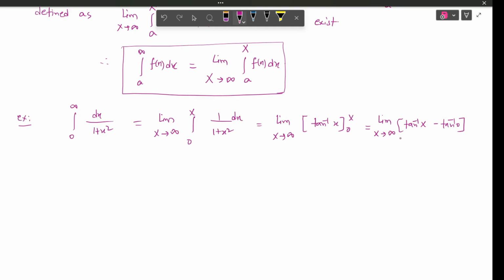Now if you put X tends to infinity, tan inverse infinity is pi by 2. So it will be pi by 2 minus tan inverse 0, which is 0. So the answer is pi by 2.